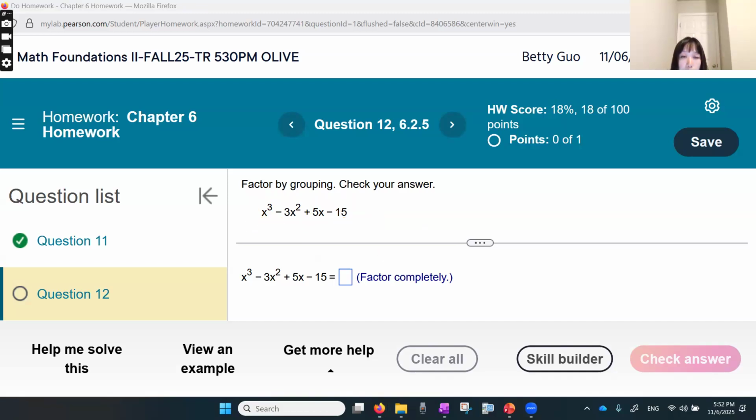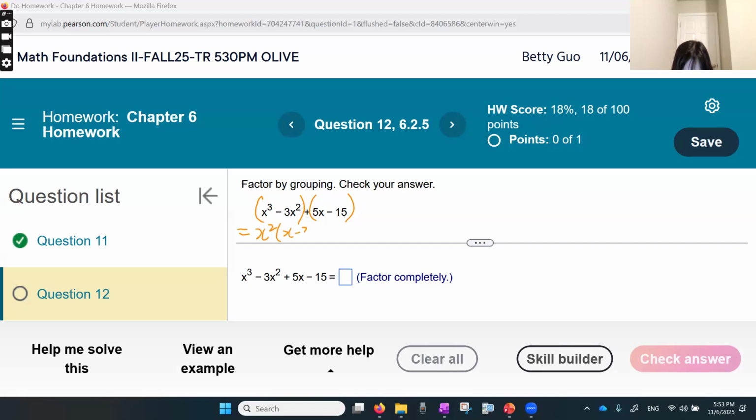Then this one, same thing, right? 1, 2, 3, 4 terms. Okay. So we have x squared out.